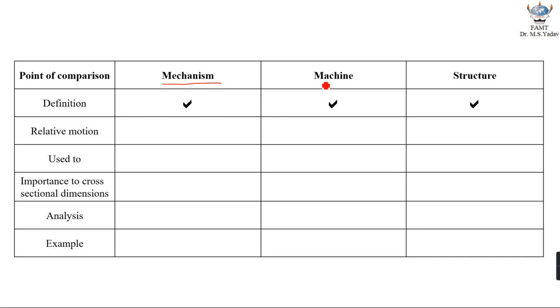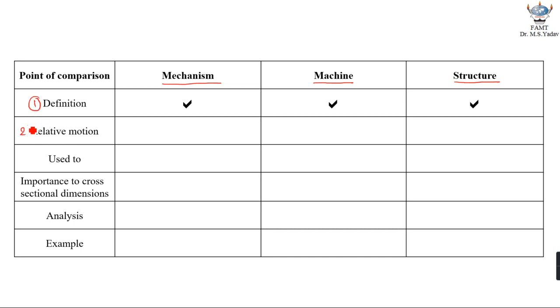A machine is basically a combination of resistant bodies which have relative motion between them, and it is typically used to transmit motion and power, while a structure is a combination of resistant bodies which does not have any relative motion, and it is typically used to carry loads only. So that's the first point.